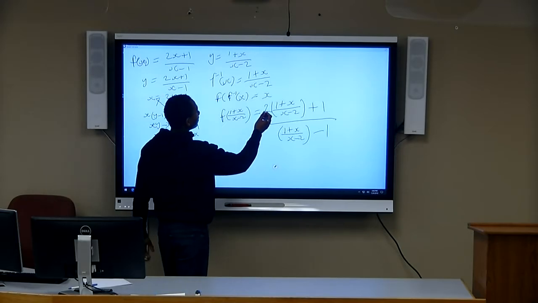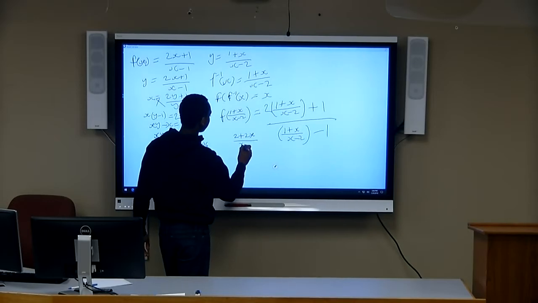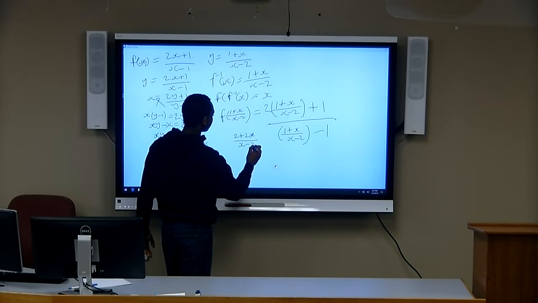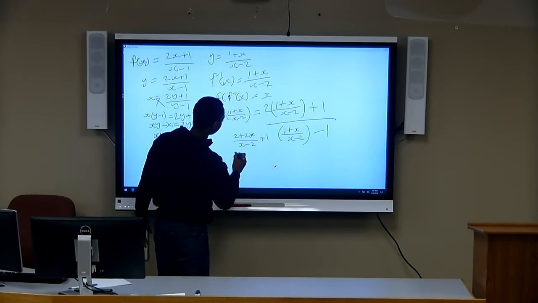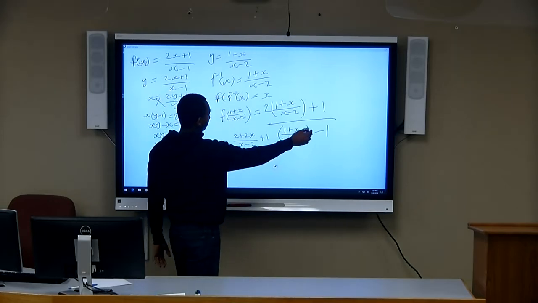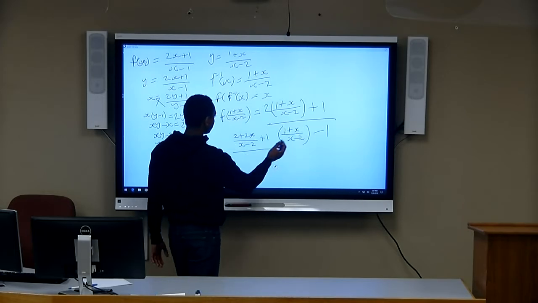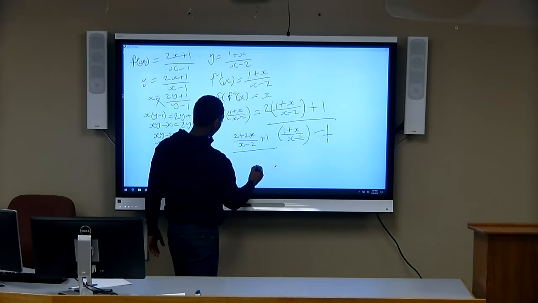Okay, I'm going to come down here. If we multiply this thing out, it's going to be 2 plus 2x over x minus 2, plus 1, over this thing right here. So this is 1 plus x minus 1 minus 1. If we want, we can do this thing over 1 and find the common denominator, which is x minus 2.